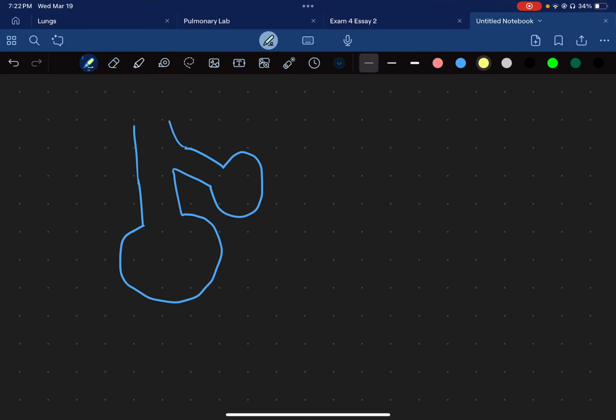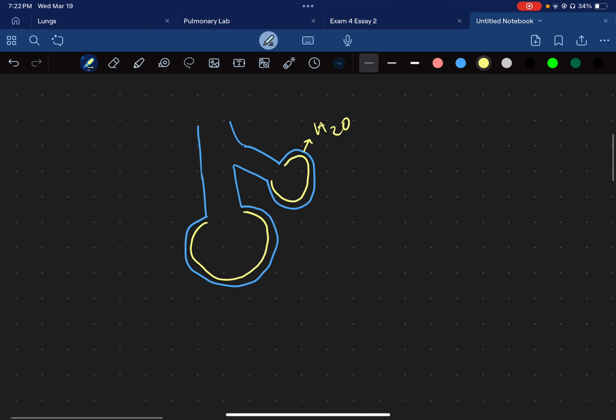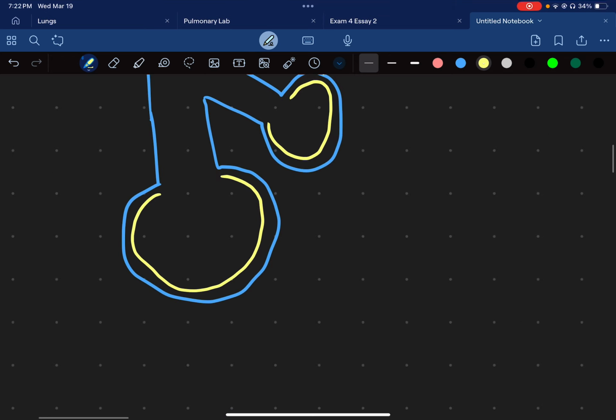And each little alveoli is going to have this lining of water. Now, water is attracted to itself, so that is what's keeping this lining all together here.